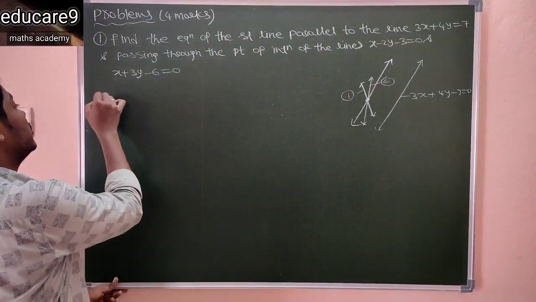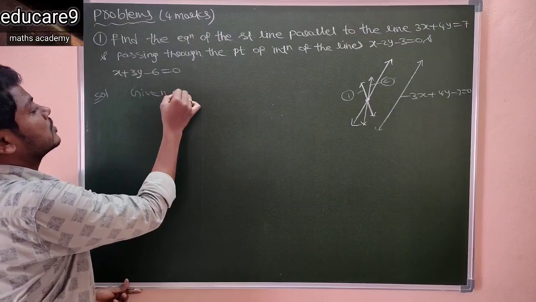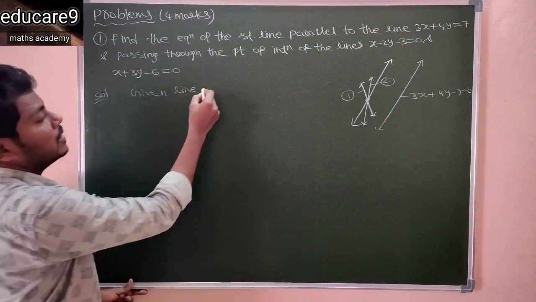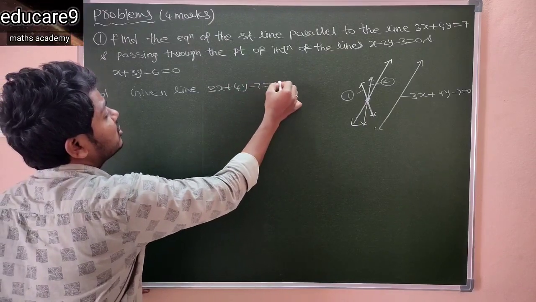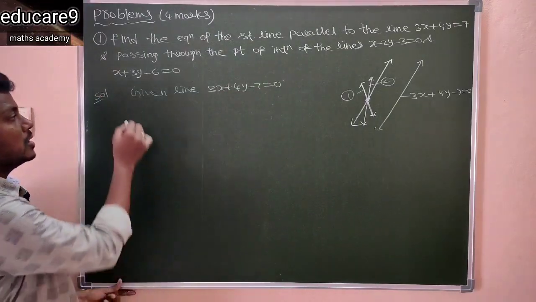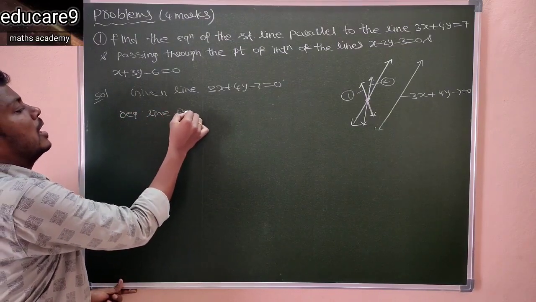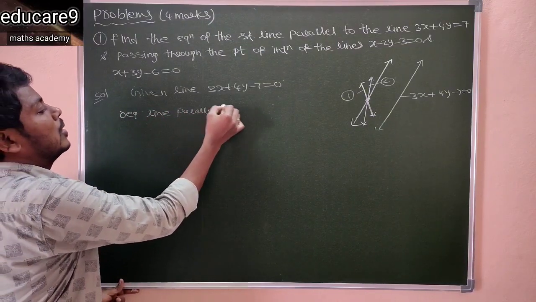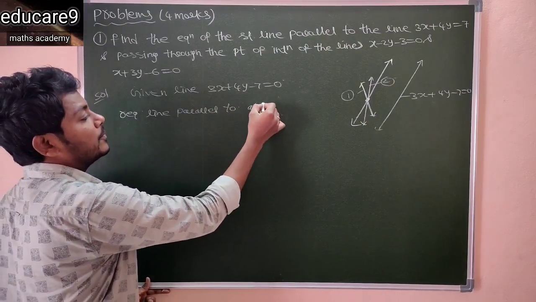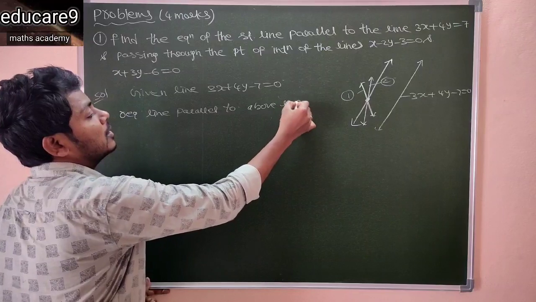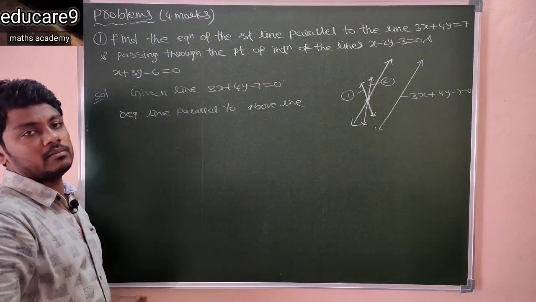See here the solution. The given line is 3x plus 4y minus 7 equals 0. The required line is parallel to the above line. If two lines are parallel, then their slopes are equal.